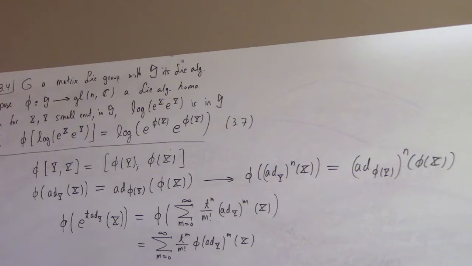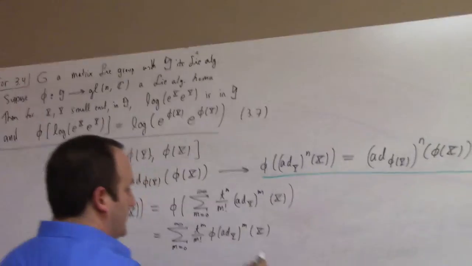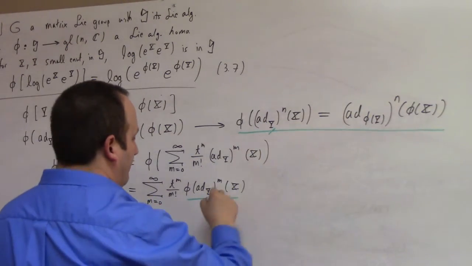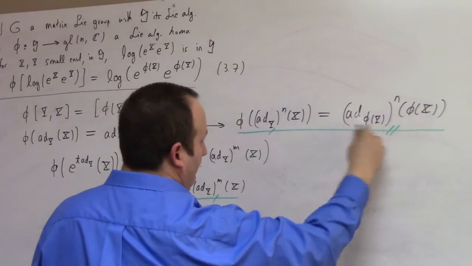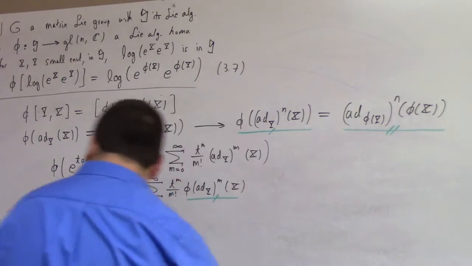But now we can use the identity, right? We can use this guy to trade this for that. Agree?